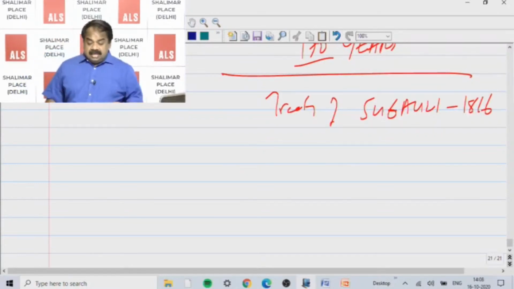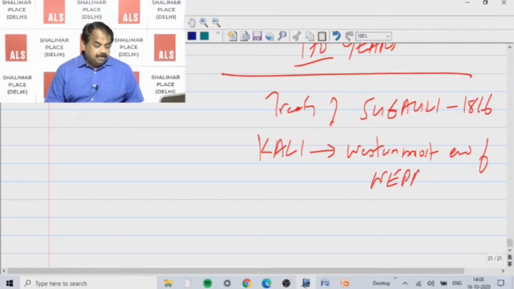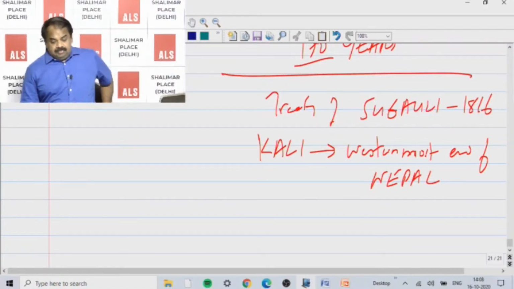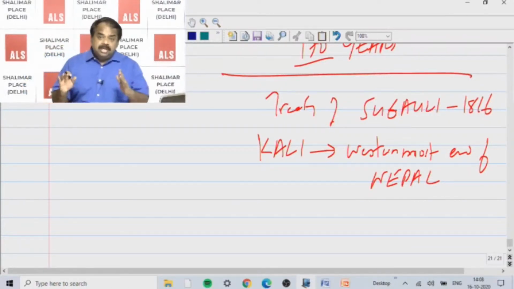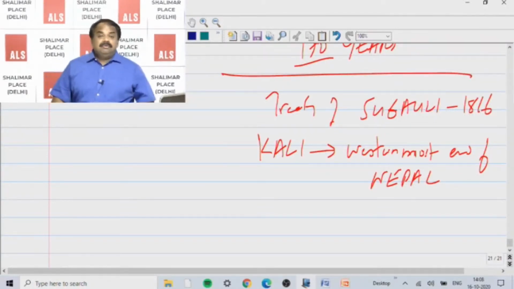Kali River was declared as the westernmost end of Nepal, or Nepal begins from Kali River toward the east. So the dispute is related to the origin of Kali. In fact, initially there was a confusion.